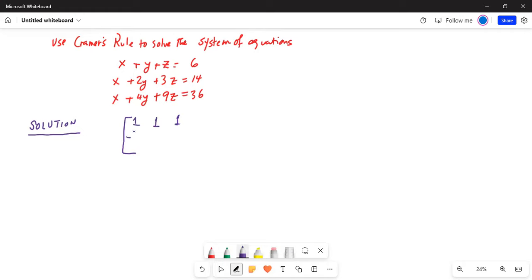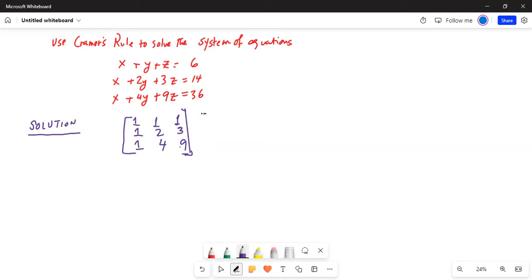The coefficient of x in the second equation is 1 also, the coefficient of y is 2 and the coefficient of z is 3. In the third equation, the coefficient of x is 1, the coefficient of y is 4, and the coefficient of z is 9. And this is the coefficient matrix, right?